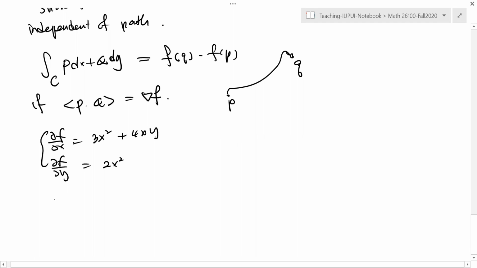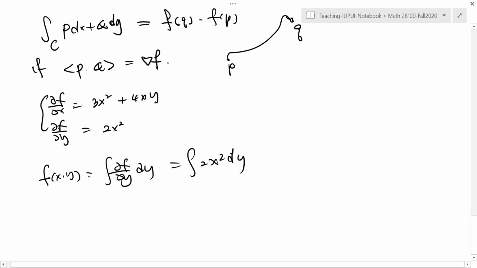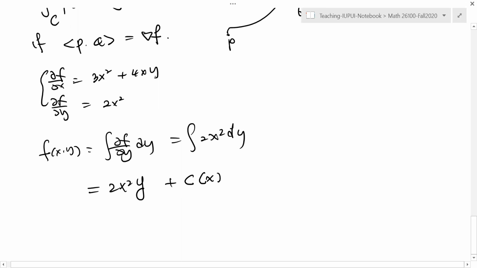If you integrate the second equation, 2x squared dy, its integral with respect to y is 2x squared y plus a constant that depends on x.